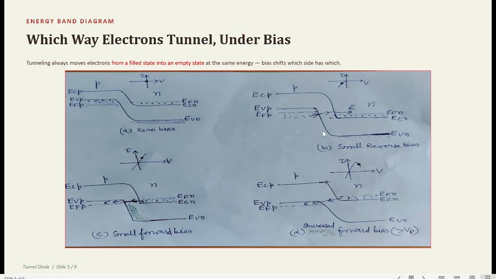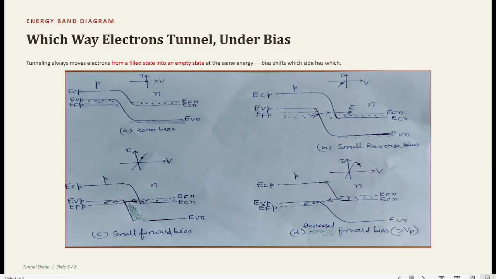In the second case I have shown, a small reverse bias is applied, and that reverse bias causes the electron energies on the N side to decrease, so the bands shift downwards, and this makes the filled valence band states on the P side overlap with the empty states on the N side conduction band.